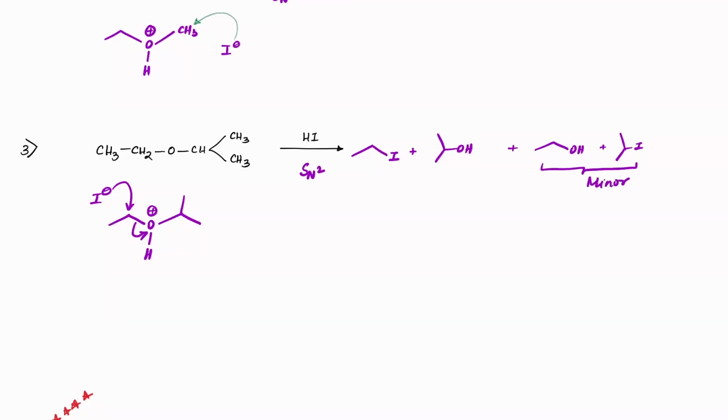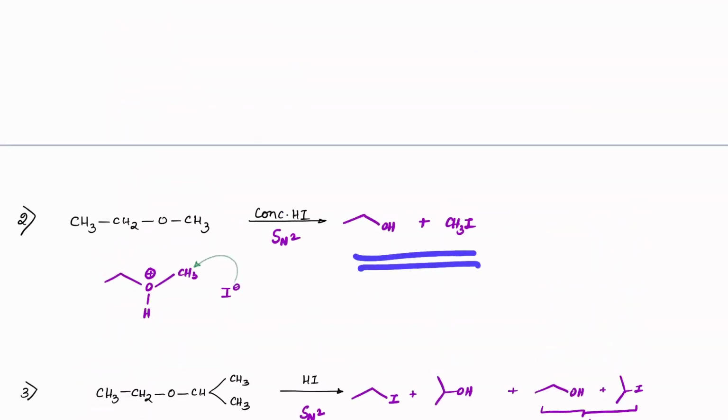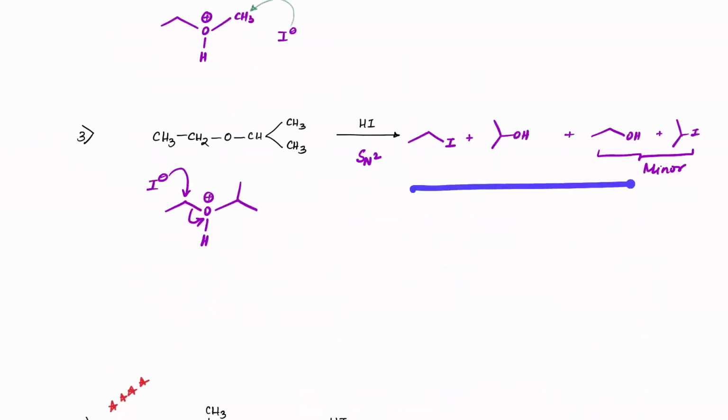So especially in the second degree case only you will report these. If both sides we have ethyl and ethyl, both sides 1 degree, in such cases you will only report one of these products. The other products are not reported, but only in second degree these products are reported. But these two are generally given as major products.